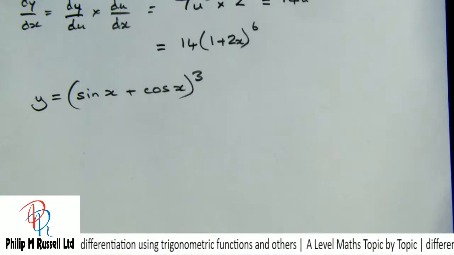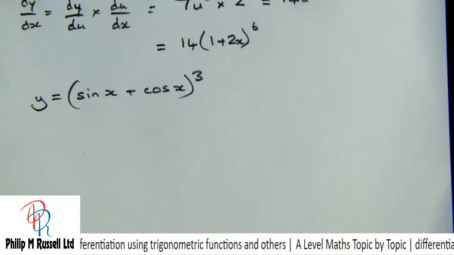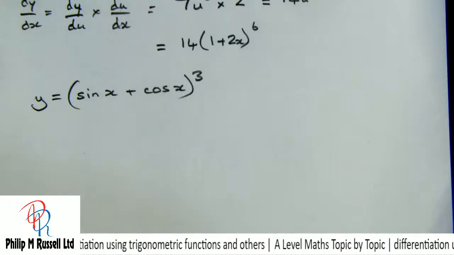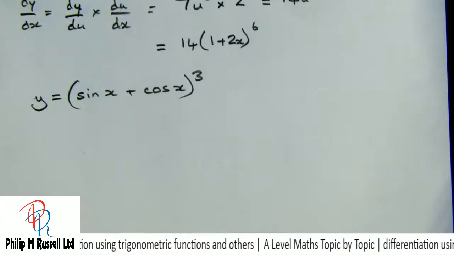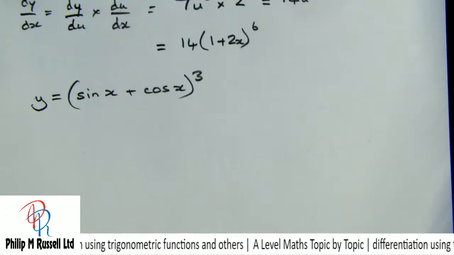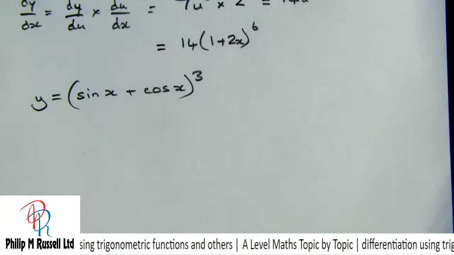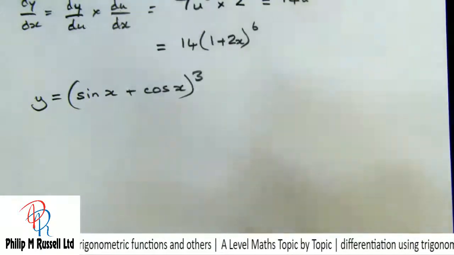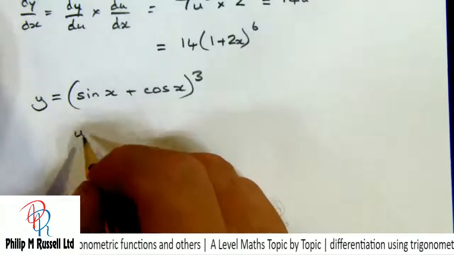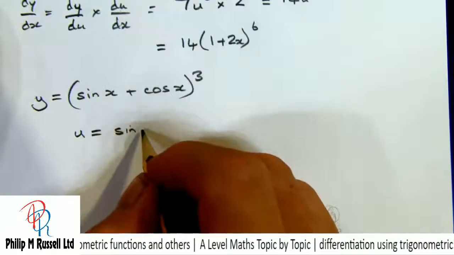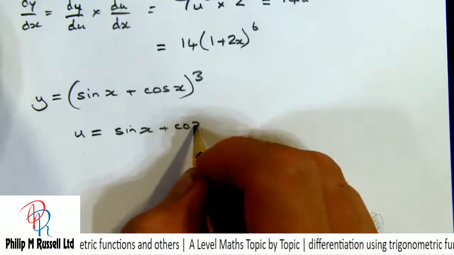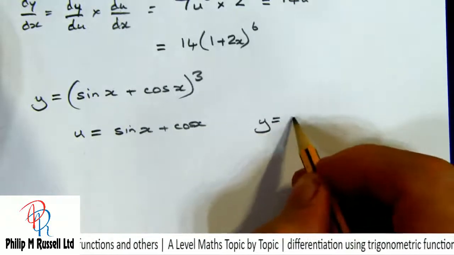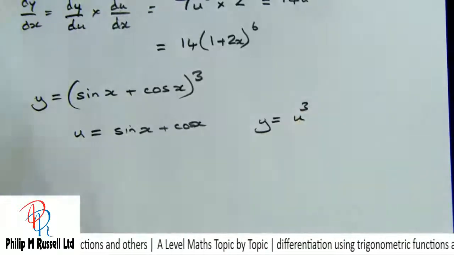Now, where are we going to start with this one? Well, again, we're just going to use the simple chain rule to try and sort these out, and they're not particularly difficult. So I'm going to start with u equal to sine x plus cos x, and y is going to be u to the 3.